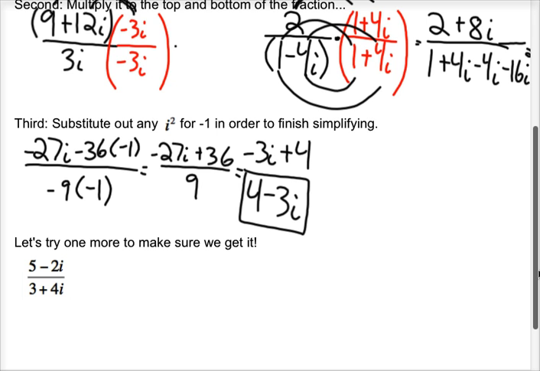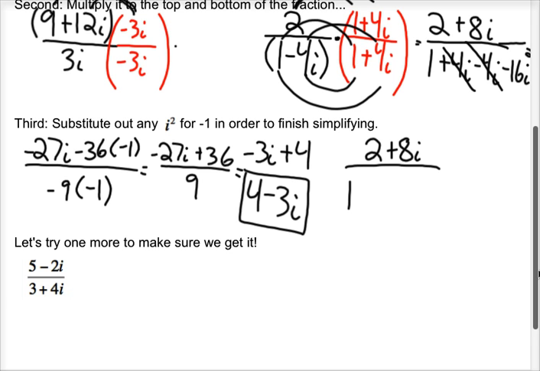Now we need to start simplifying this. The top, there's really nothing we can do at this point. However, I want you to notice what happens on the bottom. We have 1 and then 4i minus 4i. Notice what happened because of the complex conjugate: it cancels out those i's.